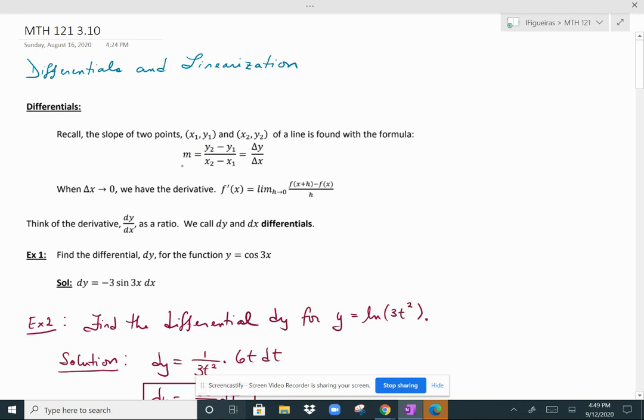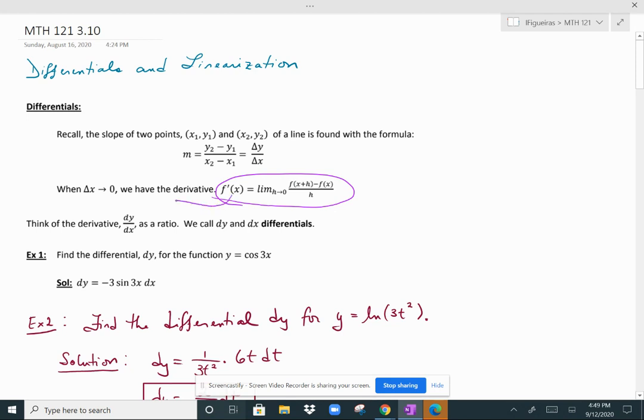We know that we can find the slope of the line that goes through 2 points by computing the change in y over the change in x. And as the difference between the 2 points gets smaller, meaning closer together, we actually have our derivative, which we use the difference quotient formula and take the limit as h approaches 0, and that gives us the definition of the derivative.